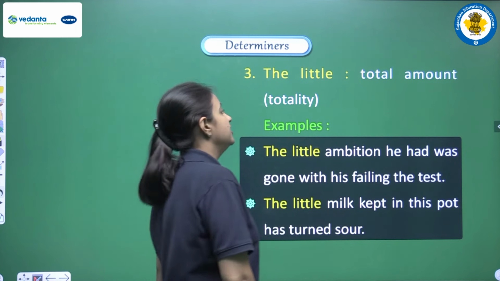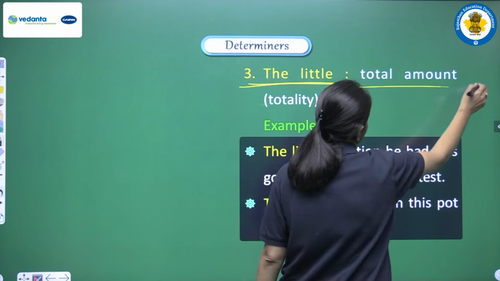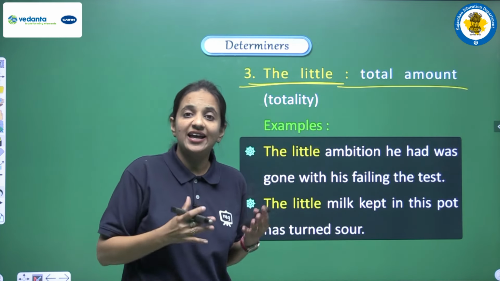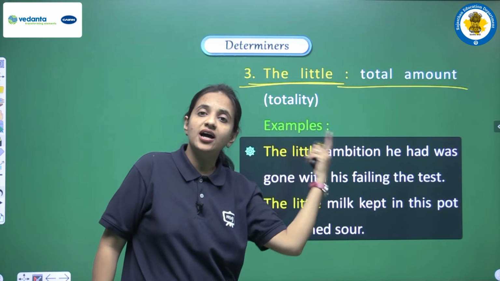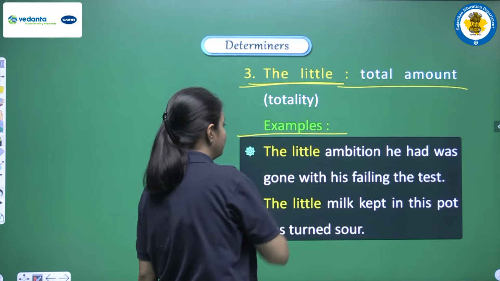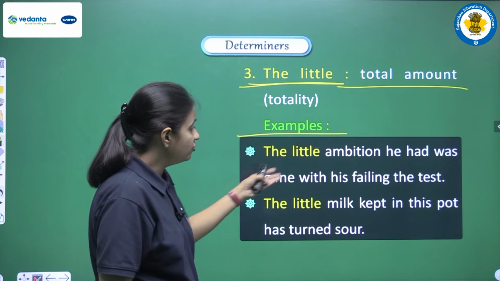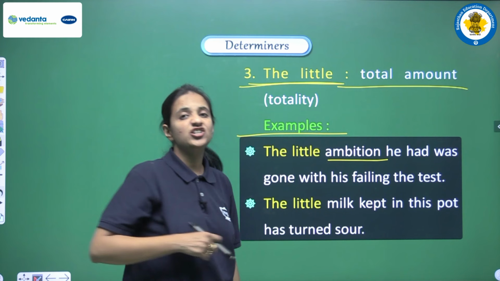Moving on, next we are having the little. So let's see. Yes, the little, just like the few, is also used to show the total amount, or we can say when we are talking about the totality. At that time the little is used before uncountable nouns. So let's see some examples. The little ambition he had was gone with his failing the test. So here we are having ambition as a noun.